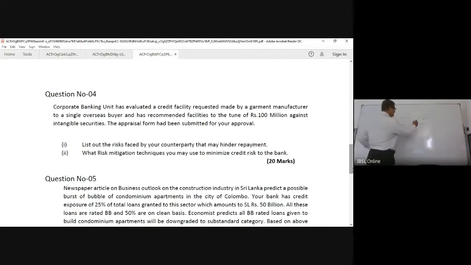Country risk: you need to get a report again, a country report, and see the stability of the government in that country and how the businesses are moving.